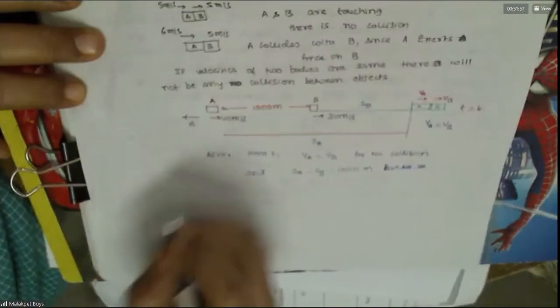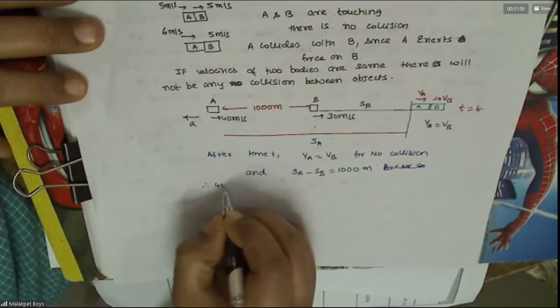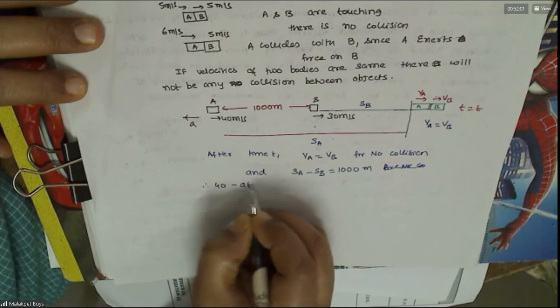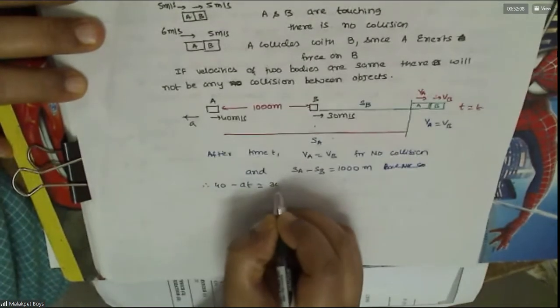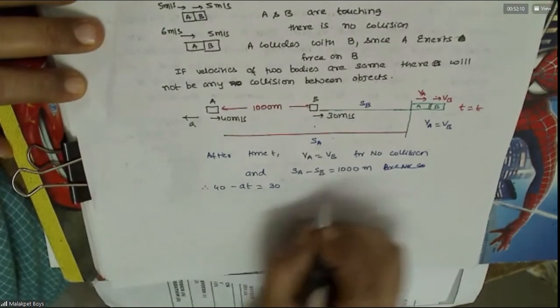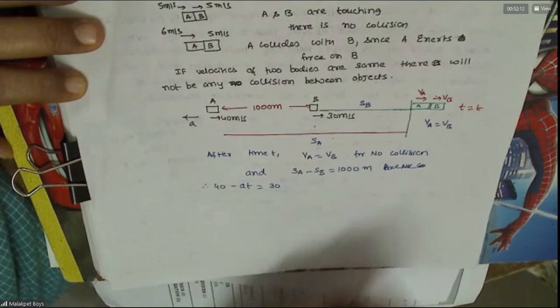40 minus 80 is equal to 30. The other one is S is equal to UT, already found.